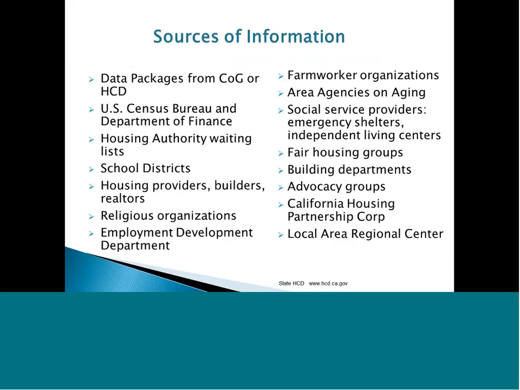The data packages from the COG or HCD, the U.S. Census Bureau, and the California Department of Finance, the Housing Authority waiting lists, the school districts, housing service providers, builders, and realtors, religious organizations, Employment Development Department, farm worker organizations, the area agencies on aging, social service providers, including emergency shelters and independent living centers, fair housing groups, building departments, advocacy groups, the California Housing Partnership Corporation, and local area regional centers.